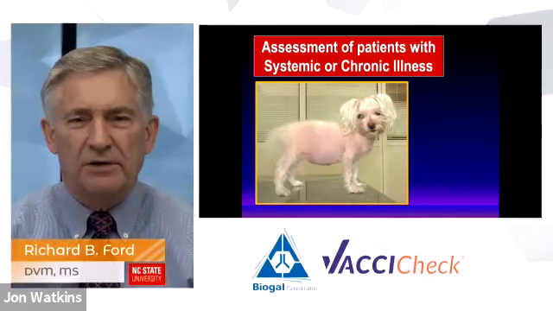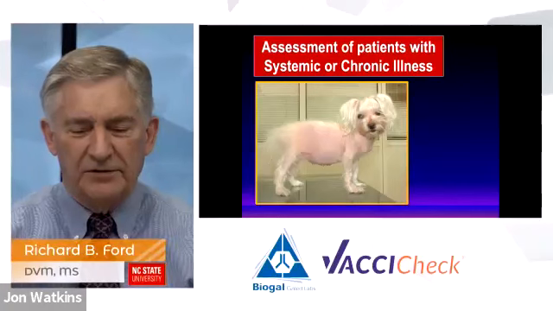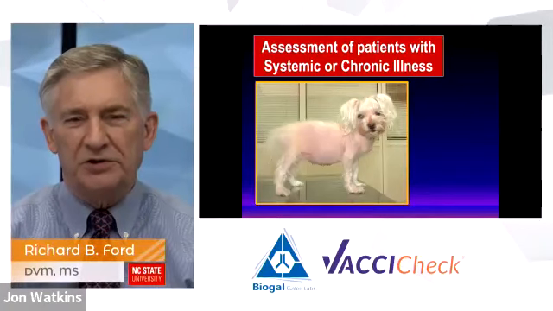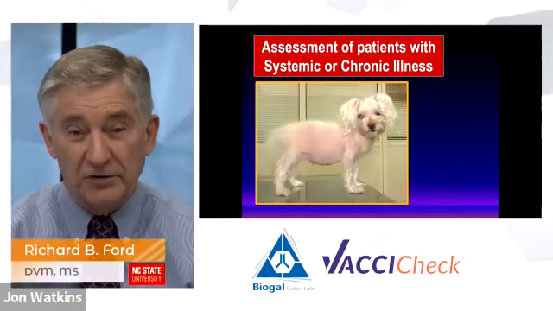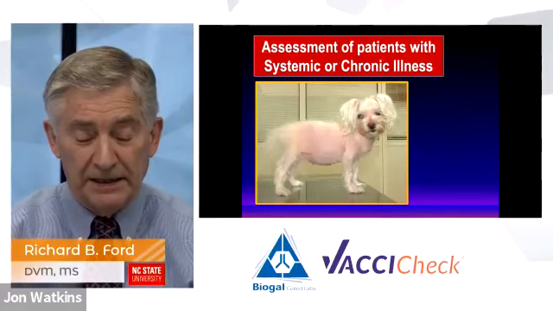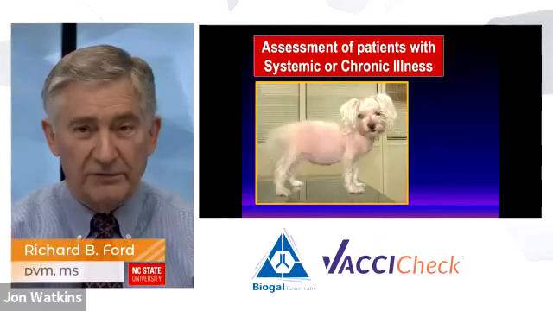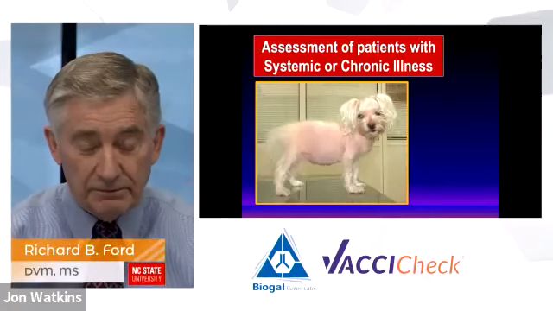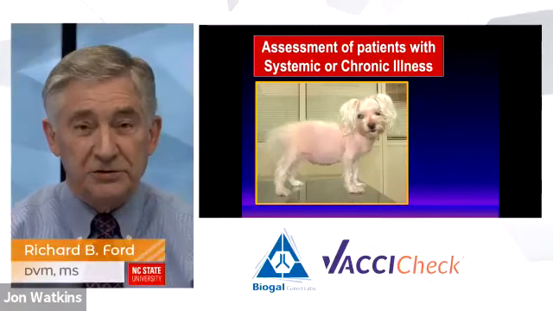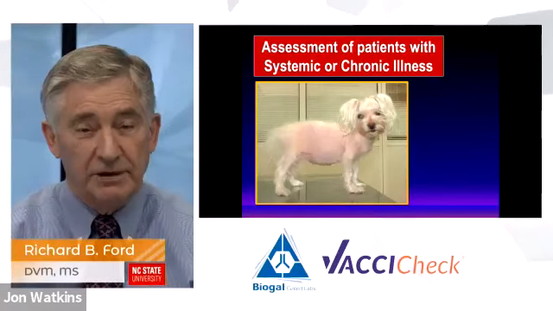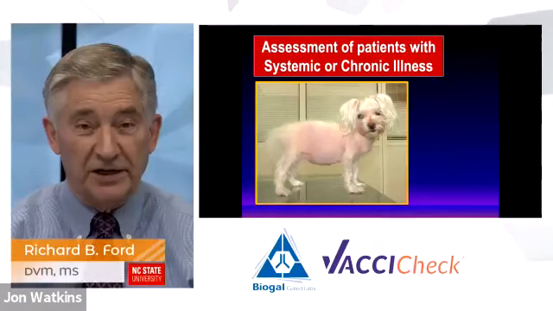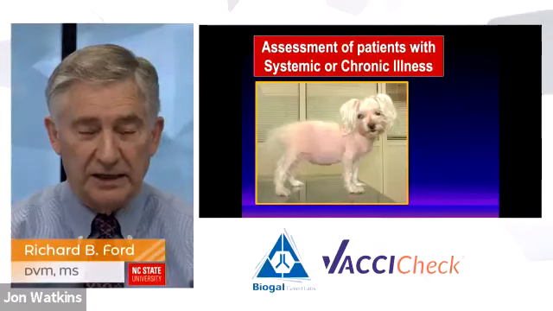There are a number of chronic systemic illnesses for which you would question the rationale or the need to give vaccine. Now, as you know, in veterinary medicine, every vaccine label says for administration to healthy animals. And it's really up to the clinician to decide what is healthy and what is not.